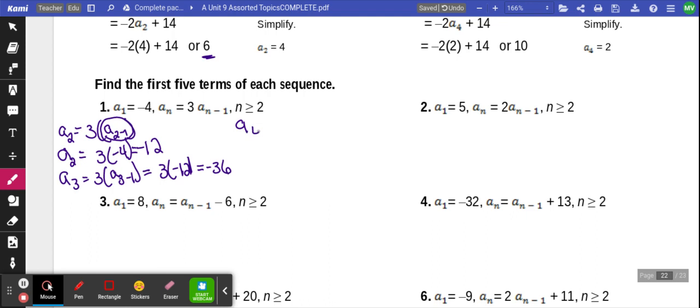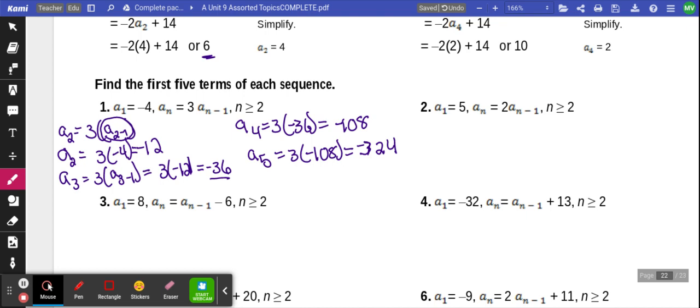A sub 4 equals 3 times the answer before, which is -36, which is -108. And a sub 5 equals 3 times -108, because again, it's times the answer before. So that's -324.